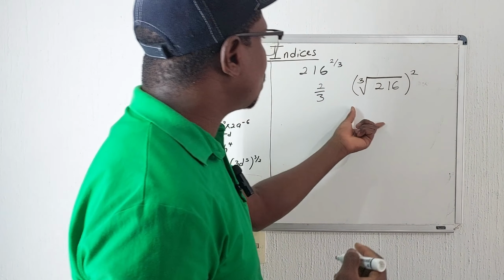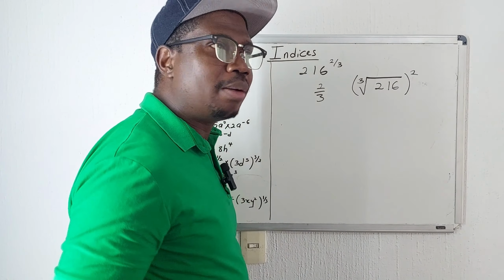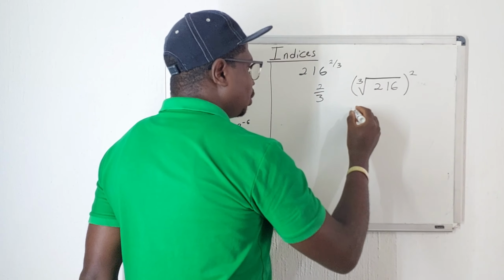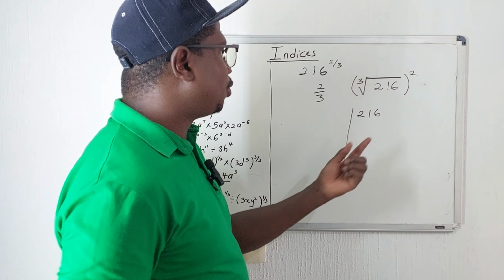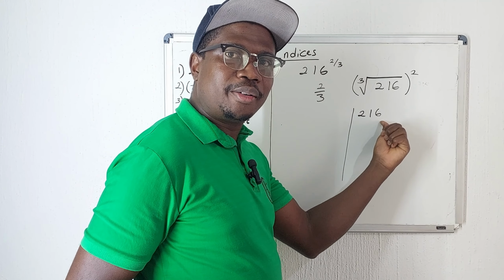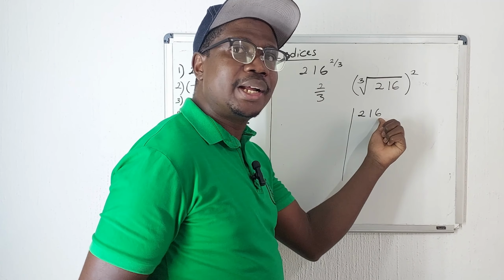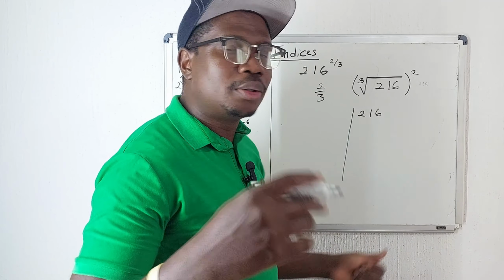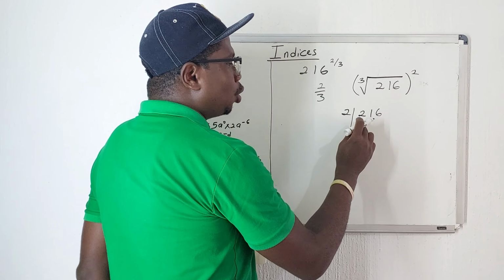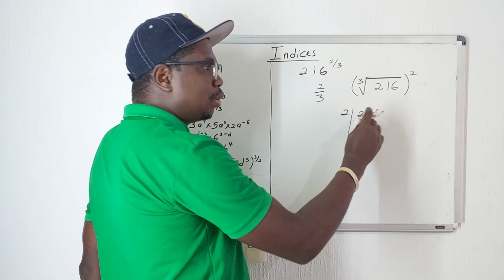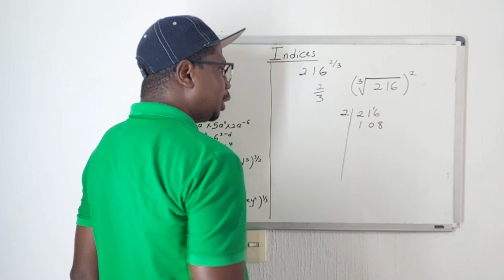To get the cube root of this, we'll do something we call prime factorization. So let's write 216. How do we know if 2 can divide it? From our previous video on rules of divisibility, if the last digit is an even number or 0, 2 can divide it. 2 in 21, 1, 2 in 16, 8.